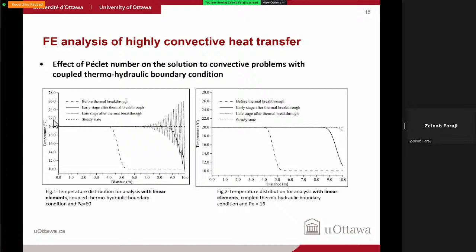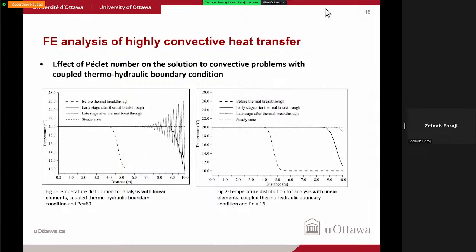Here we can see the effect of the Pe number on the solution of the convective problem with coupled thermohydraulic boundary condition. In figure number 1, both figures are with linear elements. The left one is for the coarse mesh, where the Pe number is 60, and the right one is the fine mesh, where the Pe is 16.